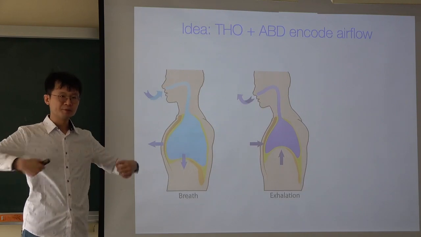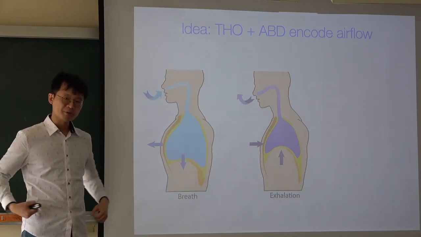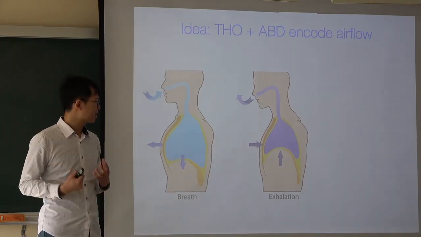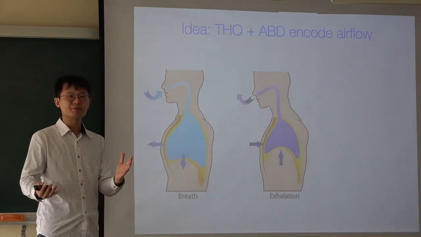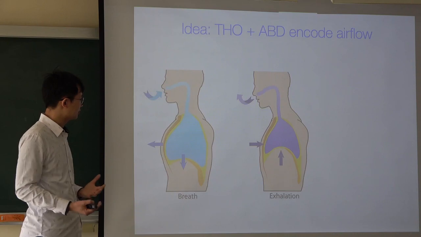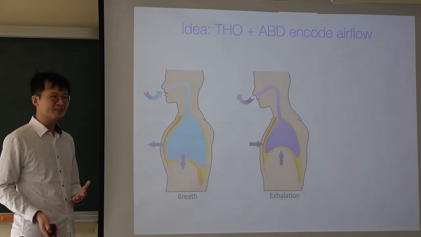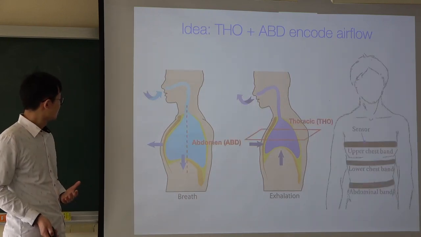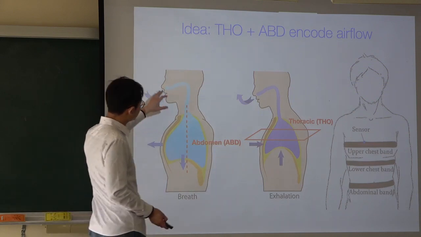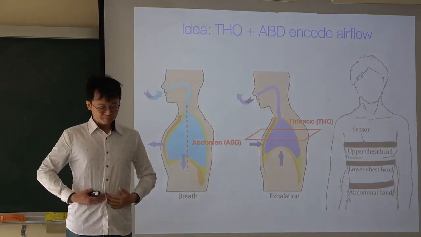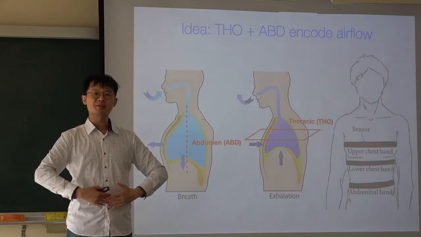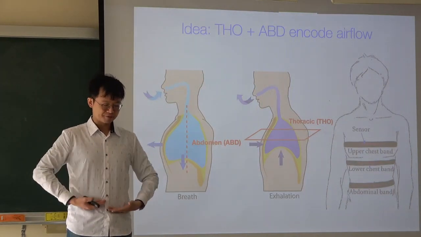We can simply use the chest band or abdominal band and get the desired information so that physicians can remotely give you some information or advice. But why is it possible? If you look at this picture, the abdominal breathing actually encodes the information about your diaphragm movement.